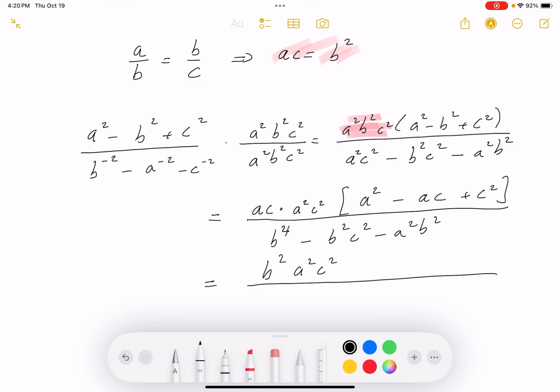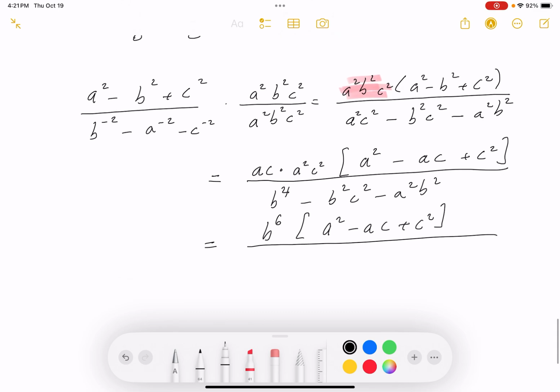Let me write that down now. So AC is B squared, and then the A squared C squared would be B to the fourth power. So it's going to be B to the 6. And let me write this over here, A squared minus AC plus C squared.